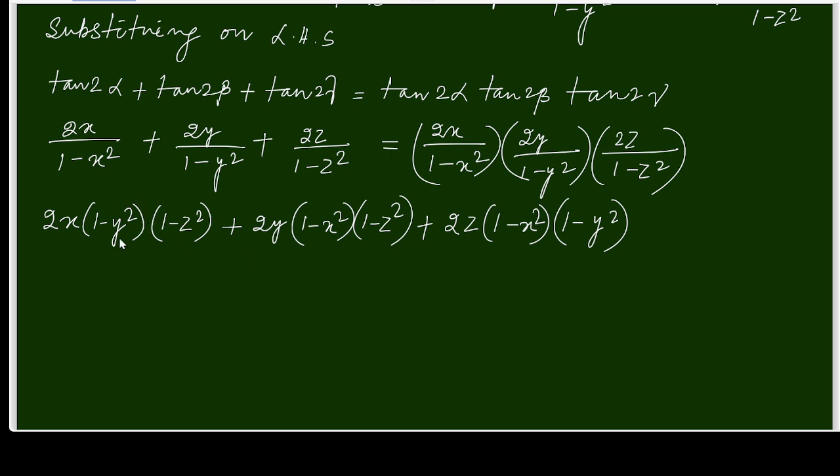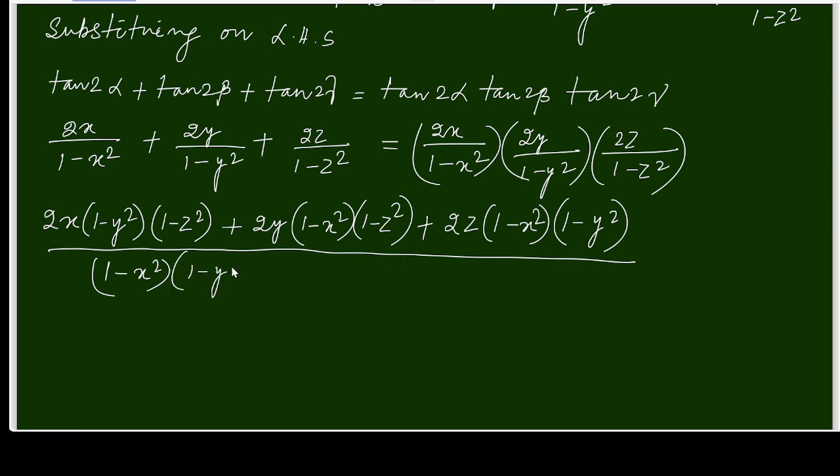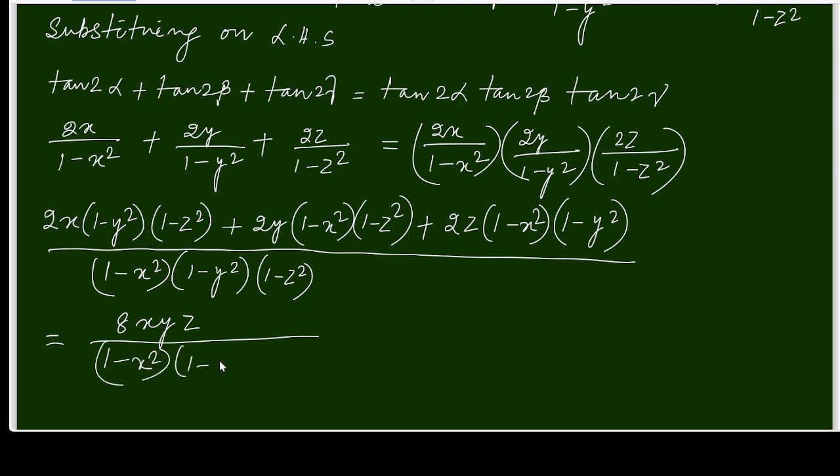The LCM will be (1 minus x square) into (1 minus y square) multiplied by (1 minus z square). This is the same as the right hand side, which will be 8xyz over (1 minus x square) into (1 minus y square) into (1 minus z square).